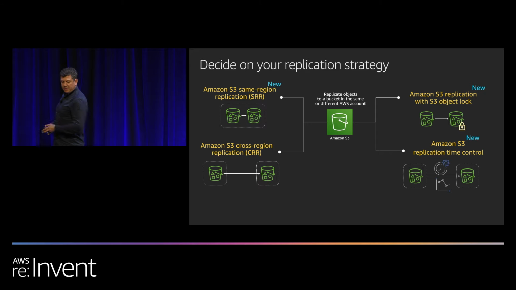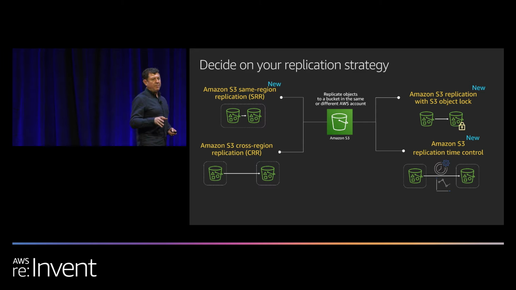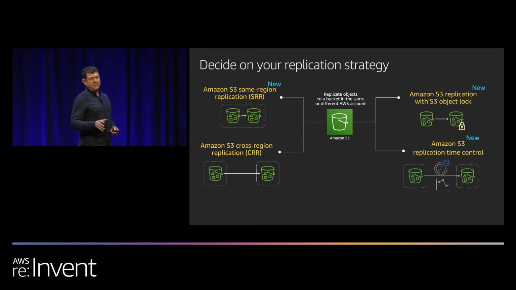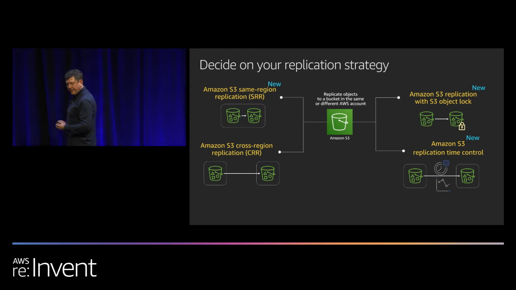With Amazon S3 replication time control, it's an SLA of 15 minutes. It's been designed so that 99.99% of your objects will be replicated to the other region within 15 minutes. The SLA is for 99.9% of those objects to be replicated within 15 minutes from any region to another region.